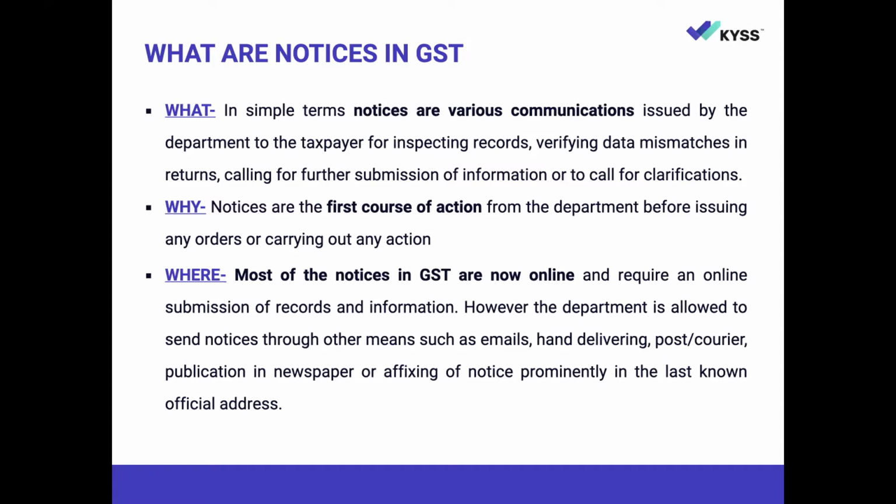As per the records, whatever is the last known official address of the business, the department can put up a notice there, but the newspaper publication and affixing the notice is a last resort of the department. Usually it's all online, and then it is either by emails, by hand delivering it, or by sending a post or a courier. If all of this fails, then the other means also can be carried out by the GST department.